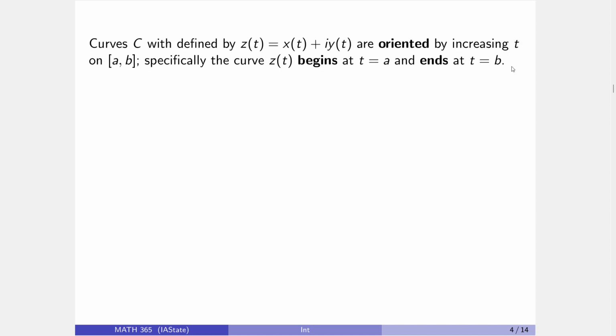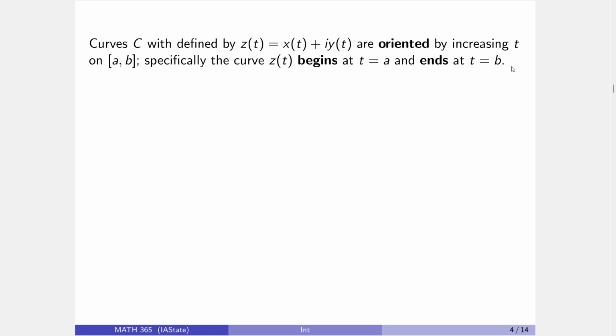Anyway. Alright, so something else that's going to matter with curves is the orientation of them, which is kind of a very difficult thing to get precise. So, broadly speaking, a curve is going to be oriented by the increasing t-values.